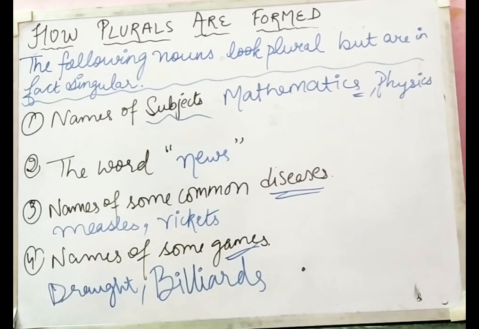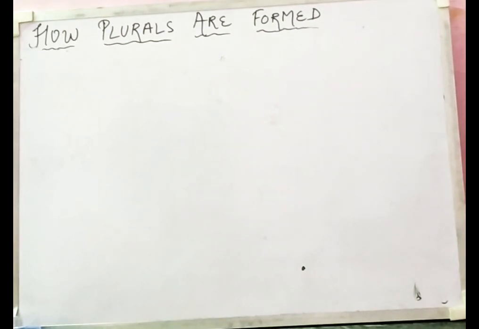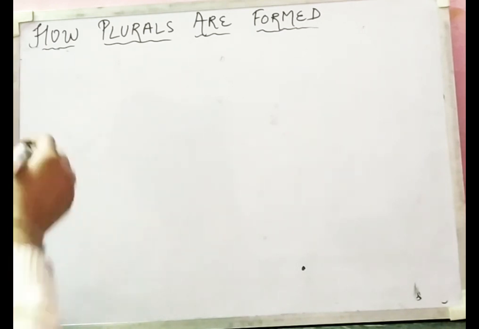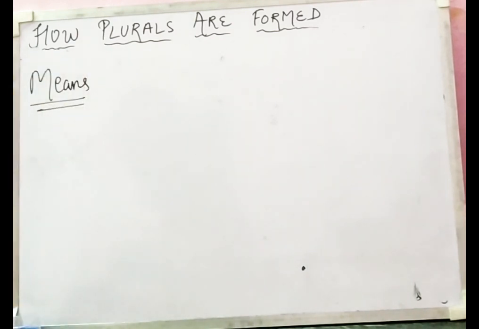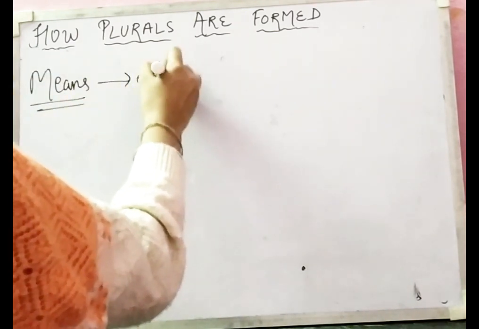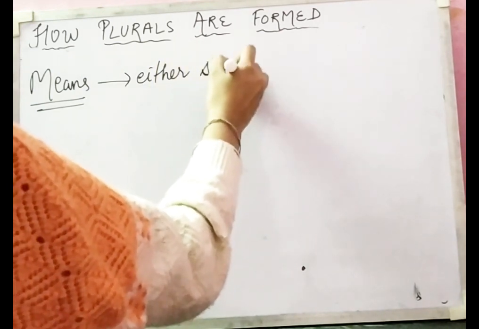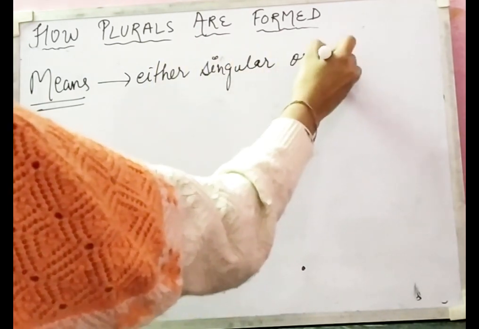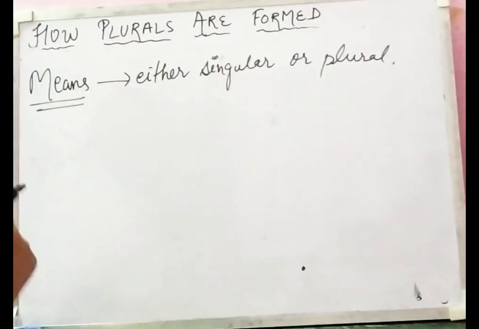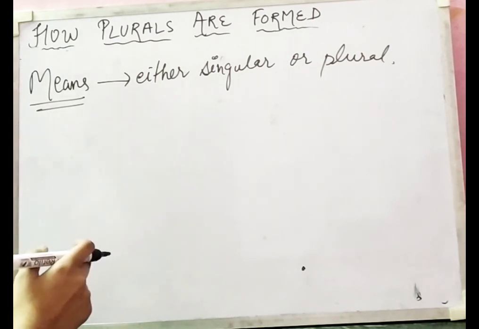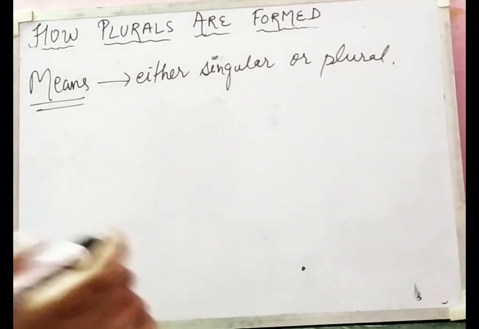So now moving forward to the next part. That is, there's a point, that is the word means. This word means is used either singular or plural. Okay, but when it has the meaning of wealth, it is always plural.